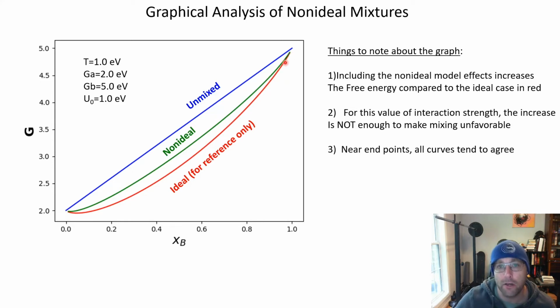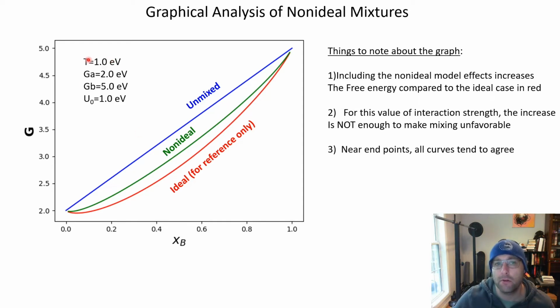We're going to only be considering that you could either have an unmixed physical system or a non-ideal mixed physical system. I'm just showing the ideal case to show you that when I add in a term with a u naught corresponding to the unfavorable interaction, I raise up the free energy from the red curve.